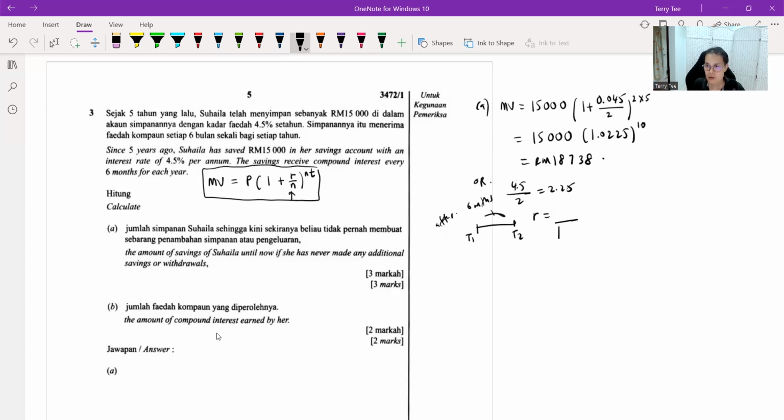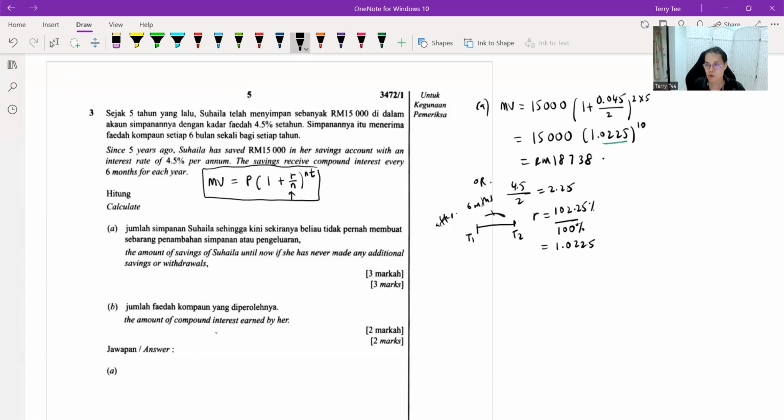So your T1 is 100%. T2, you get extra 2.25%, so it's 102.25. When you take this 102.25 and divide by 100, you actually get 1.0225. So that's where you got this number over here.